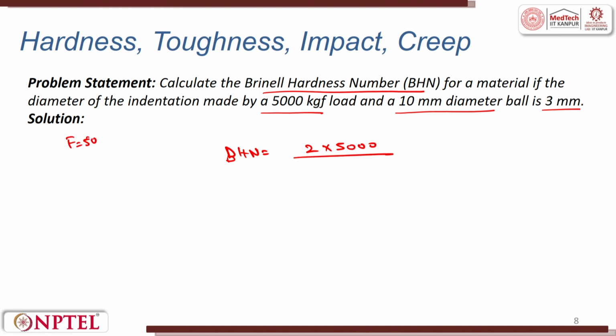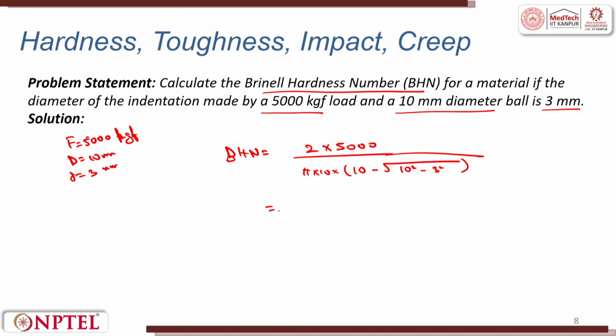F is equal to 5000, capital D is equal to 10 and small d is equal to 3. These are in mm and this force is in kilogram force. So, this by pi into 10 into 10 minus square root of 10 square minus 3 square.